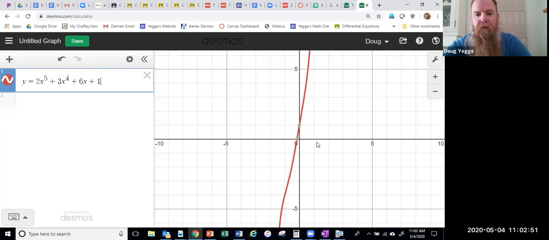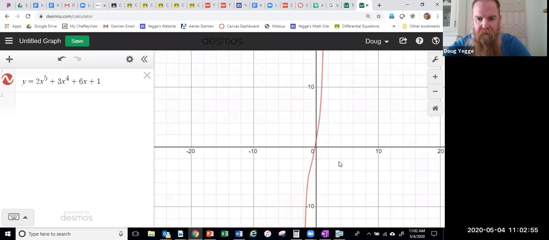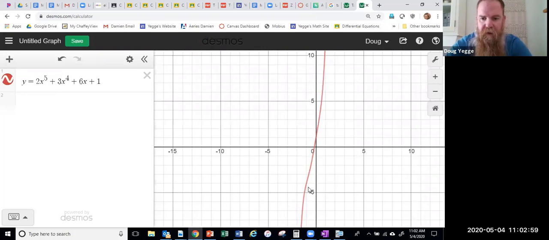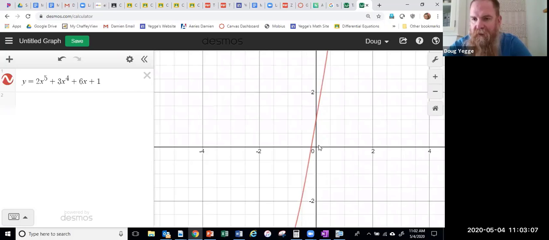Okay, so this is kind of a funky looking polynomial, right? It doesn't look too interesting until you slide right in here and you see this little concavity change happening right in this location. Zoom in a little more and it starts to just look like a line, right?